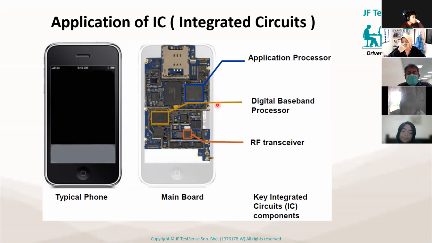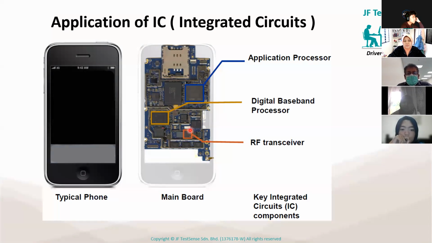Some of them are for the processor, the brain of the phone, for digital baseband processing. Basically, the signal that you receive is down converted to a baseband frequency, and then converted to digital for processing. And then the front end, which is the RF transceiver, is where the transmitter and the receiver components sit.